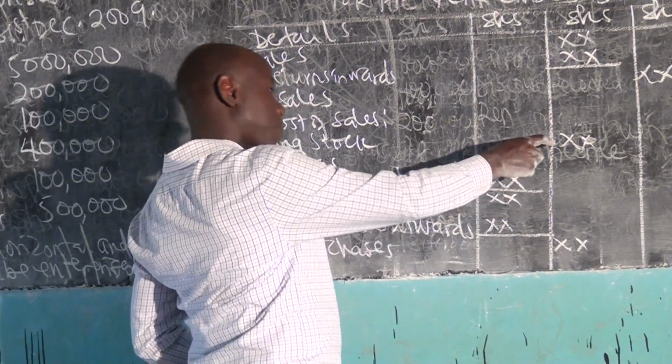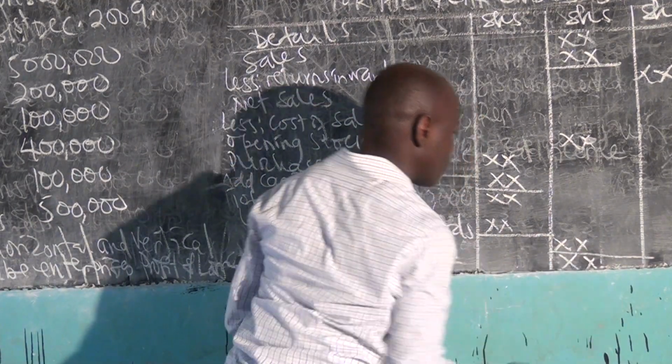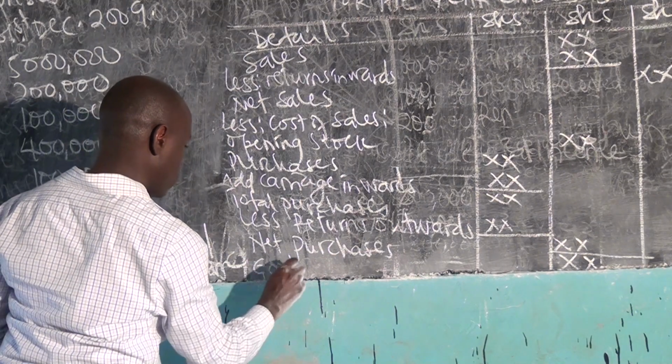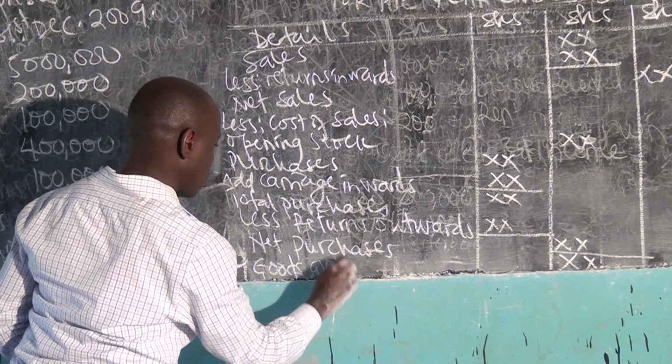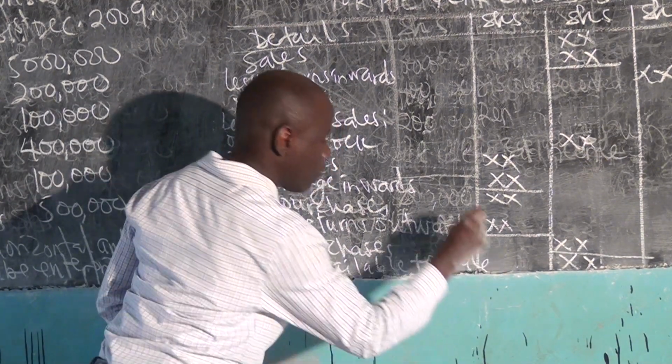If you add the opening stock with net purchases, what you get is what we call goods available for sale.